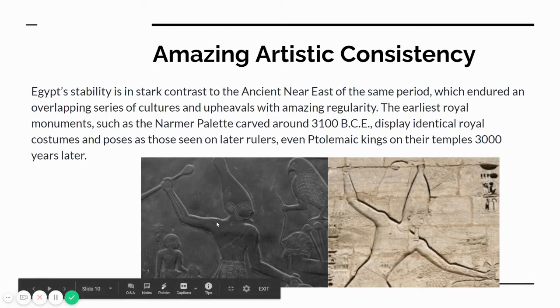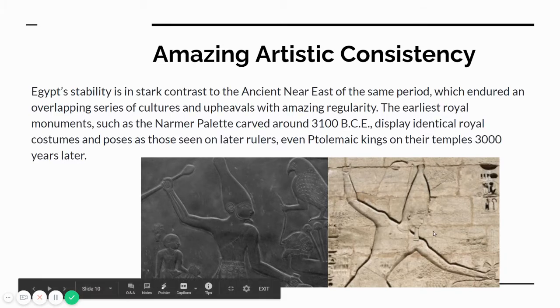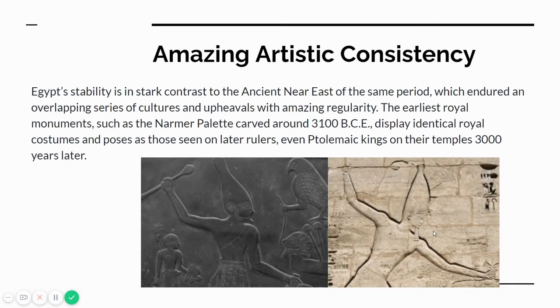Over on the left, we have some imagery from Narmer's Palette, which will be our first image that we go over. Narmer's Palette was carved around 3100 BCE. And if we look at carvings and images from temple walls 3,000 years later, stylistically, they are almost identical.